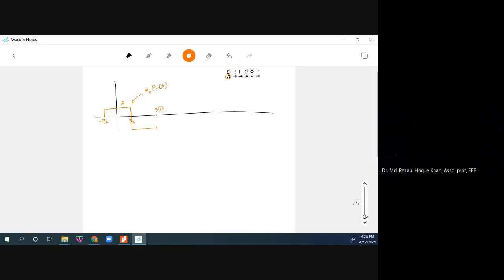Again, the third pulse will be from 3T by 2 up to 5T by 2, right? Then 5T by 2 to 7T by 2, right? This way.